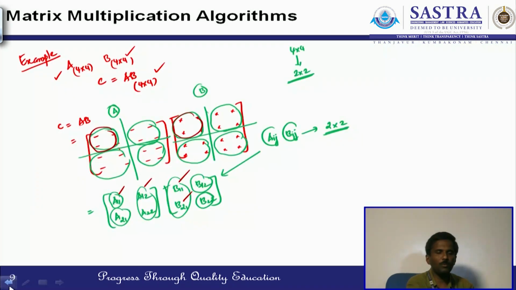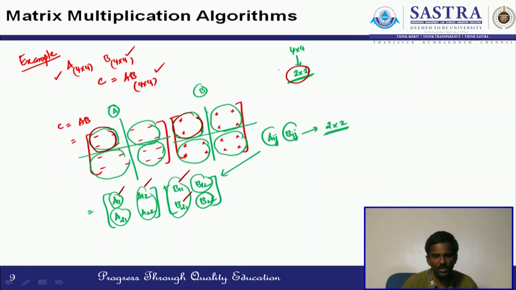Say 4 by 4 means the matrix is divided into four 2 by 2 matrices in A and four 2 by 2 matrices in B. We keep dividing into equal submatrices until the resultant matrix reaches a size of 2 by 2.